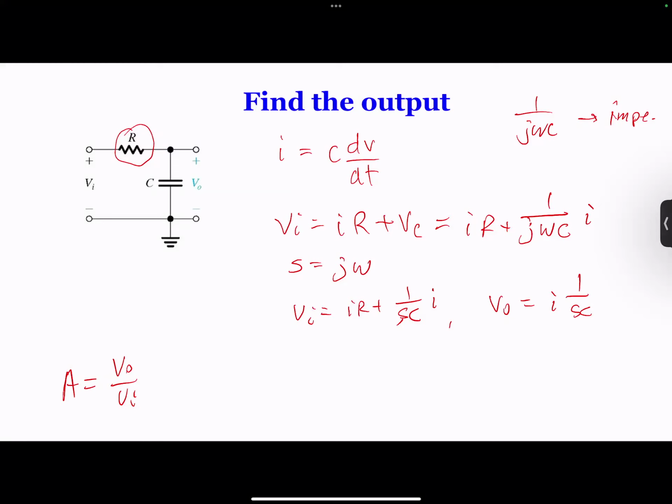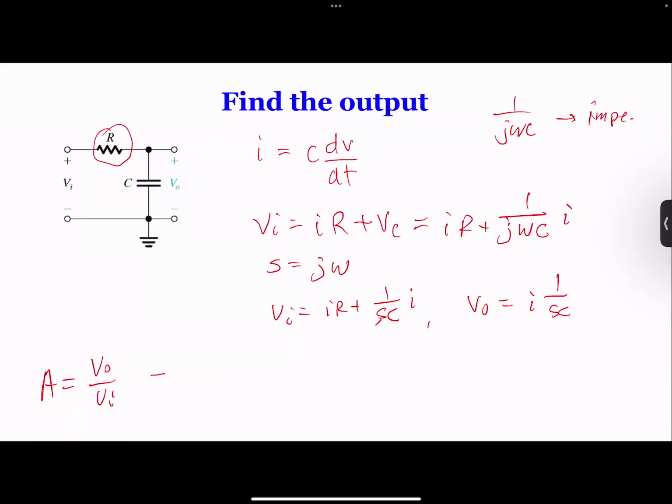So we can plug in these numbers. We get I times 1 over SC divided by IR plus I over SC. And the I now cancels. So we get 1 over SC divided by R plus 1 over SC. Now we simplify this by multiplying C on both numerator and denominator. We get 1 over 1 plus S times RC.